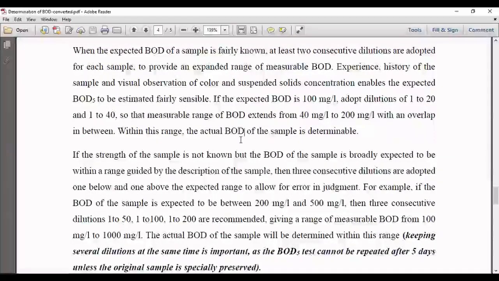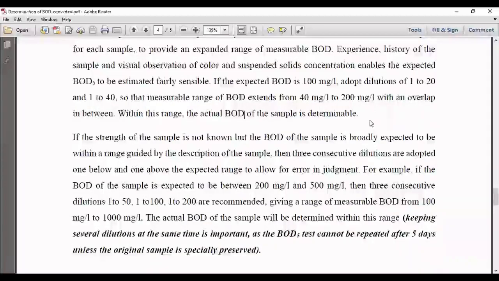Within this range, the actual BOD of the sample is determinable, right? So with the help of experience, and if you know the history of the sample and some visual observation of the color and the suspended solids, we can guess the expected BOD of that sample, and accordingly we can adopt the dilutions.